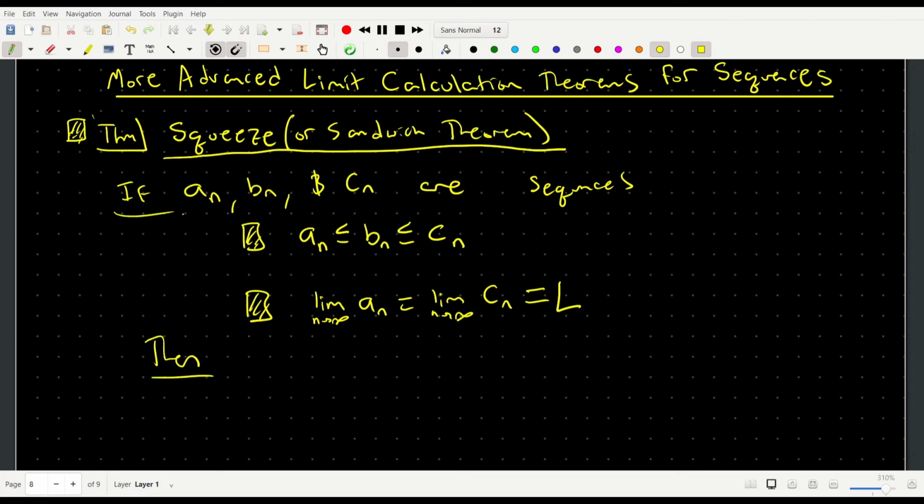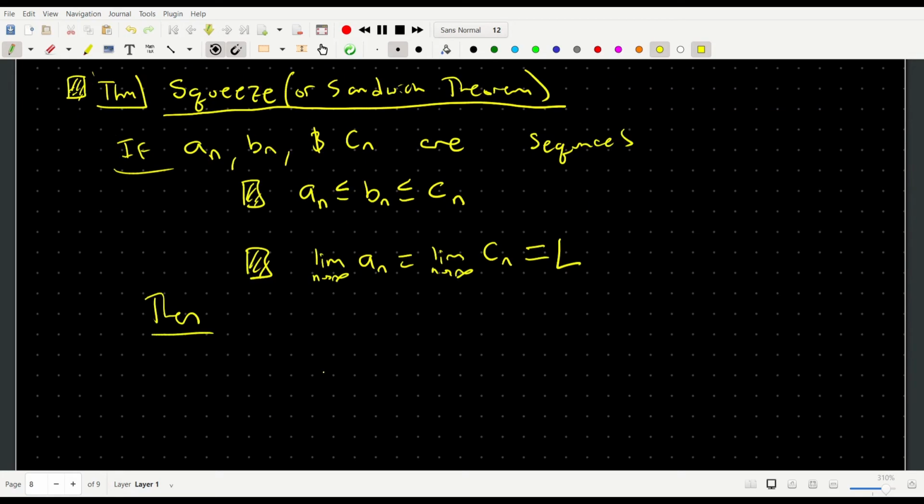Then this theorem is telling us that the limit as n goes to infinity of b_n must in fact be equal to L, the same limit as a_n and c_n. It's called the squeeze or sandwich theorem because b_n is sandwiched or squeezed between two separate sequences that are both converging to the same value.